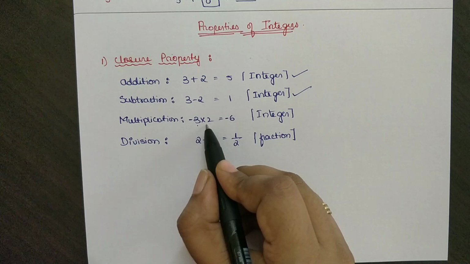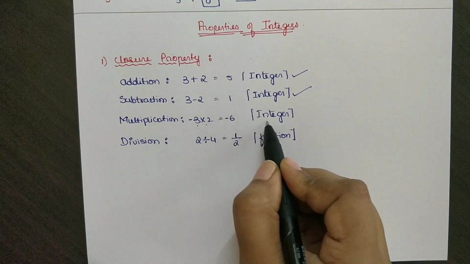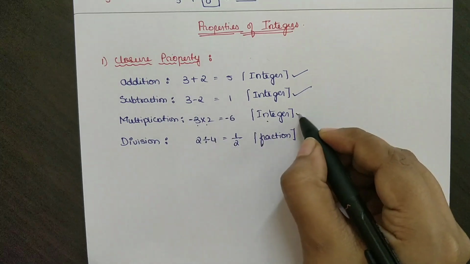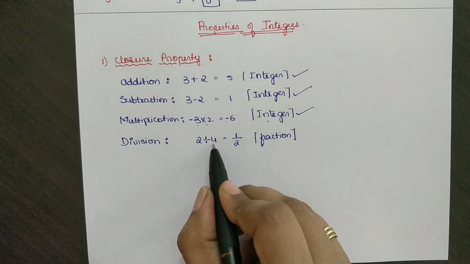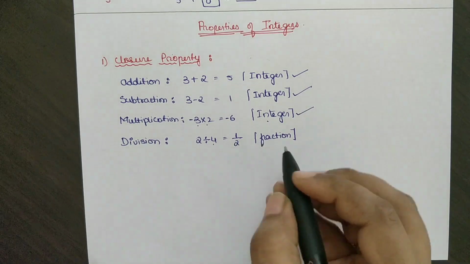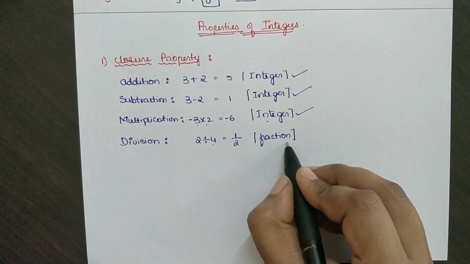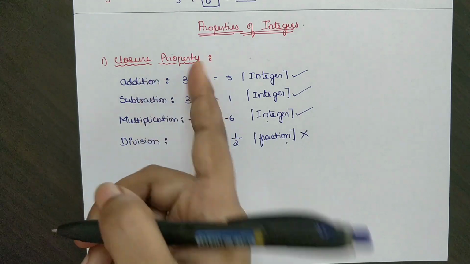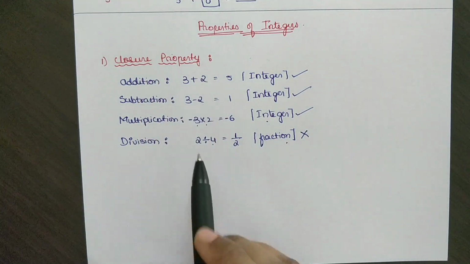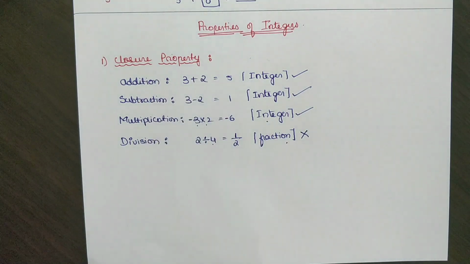Multiplication of two integers is again an integer. Therefore, it obeys closure property. But division of two integers gives a fraction. That means it does not obey closure property. Integers do not obey closure property under division.